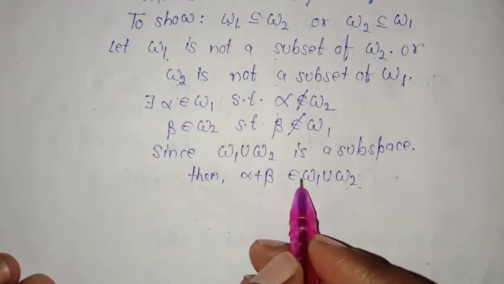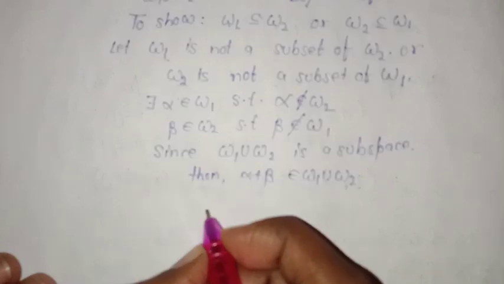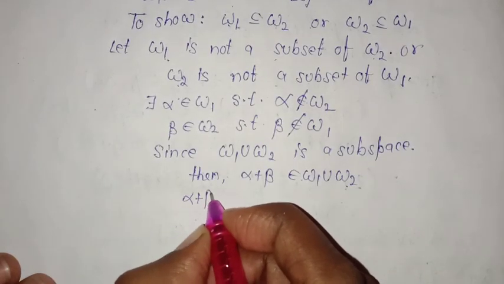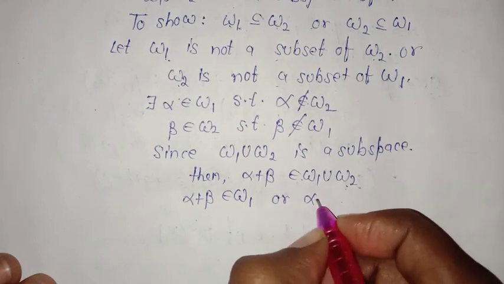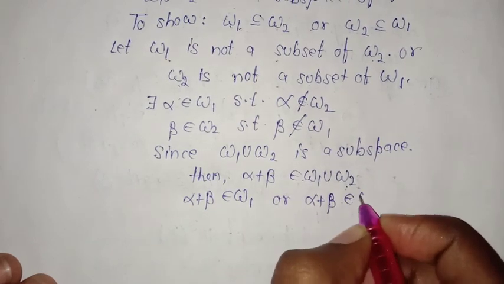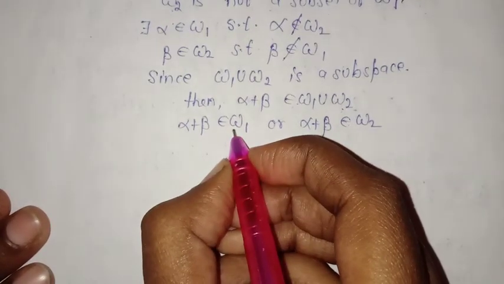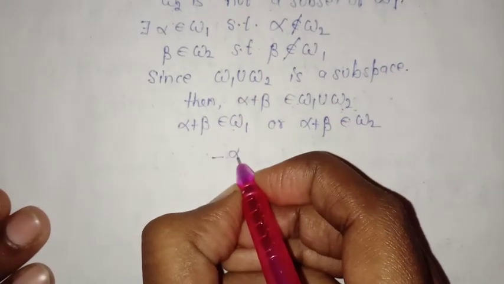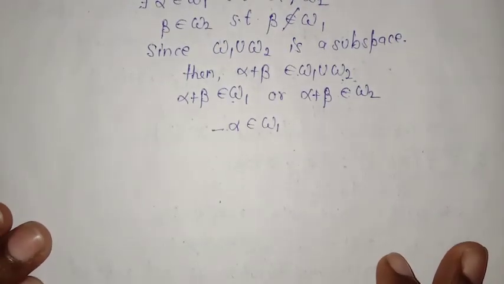Since W1 and W2 are both subspaces, alpha plus beta must belong to W1, or alpha plus beta must belong to W2. Now, since W1 is a subspace, minus alpha also belongs to W1, because every element has an additive inverse, because W1 under plus forms an abelian group.